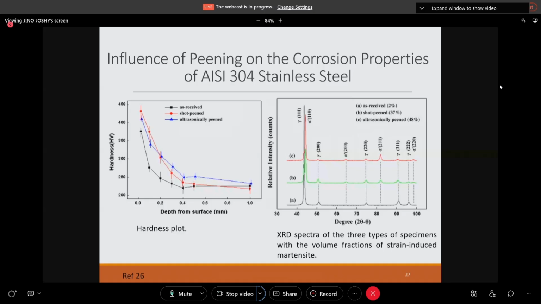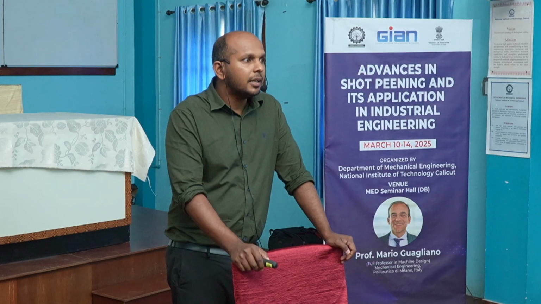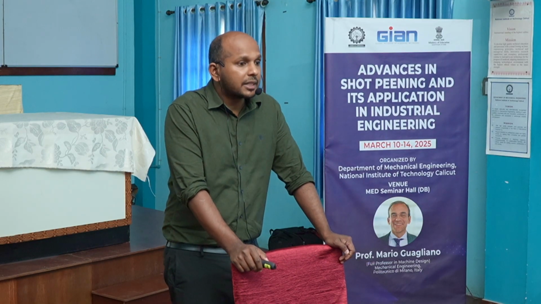But in the case of the ultrasonically treated sample, the hardness also became higher, and a phase transformation also happened. Comparing the SP sample and the ultrasonically processed sample, the ultrasonically processed sample has a lower roughness value than the SP sample. So here we can see that surface roughness played a major role.